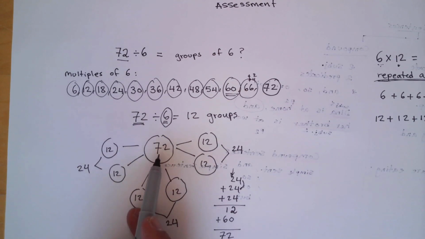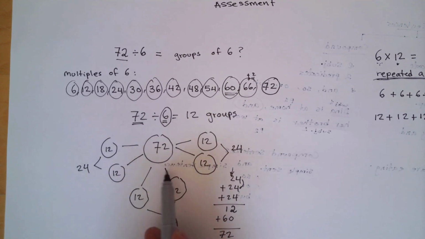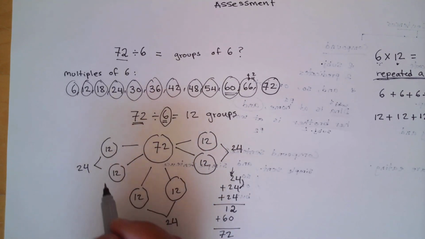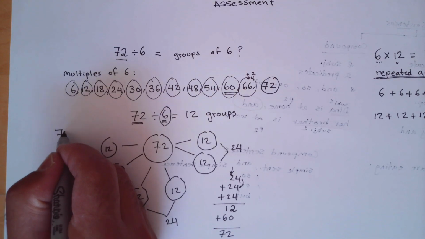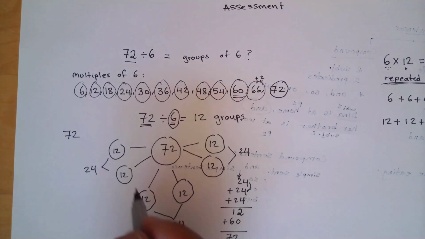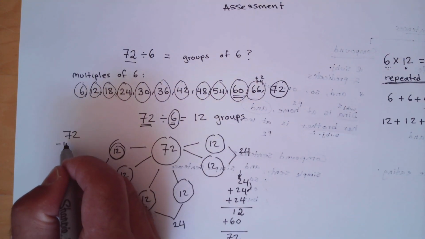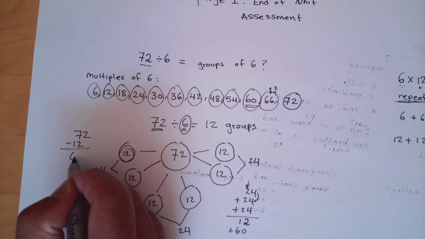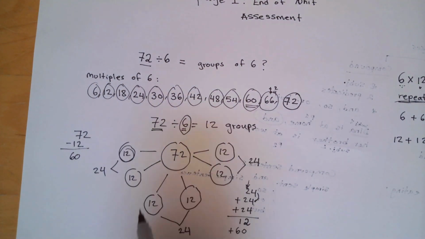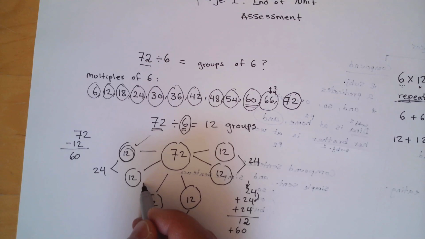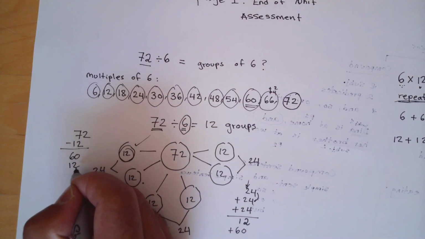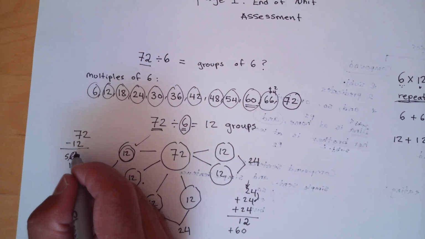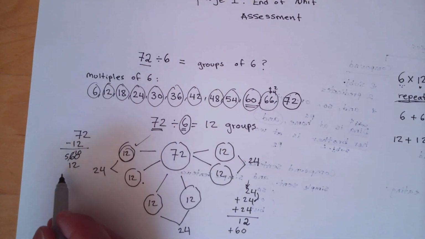And you can see it here. Like if we take 72 and divide it over 6 groups. Okay, so we have 72 candy. If we take 12, that leaves us with 60. Okay, and if we take another 12, I have to regroup here.